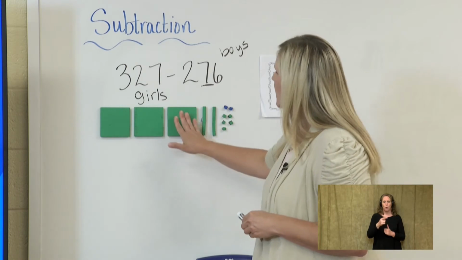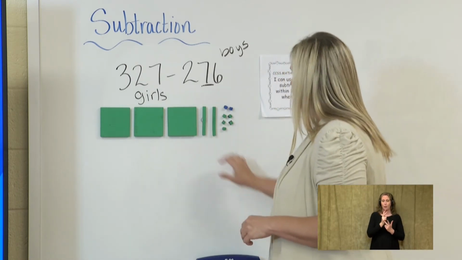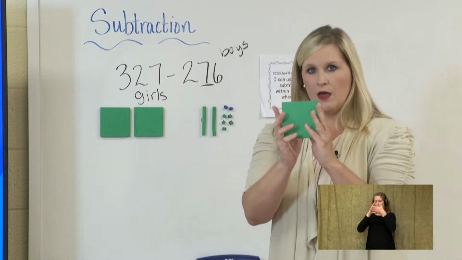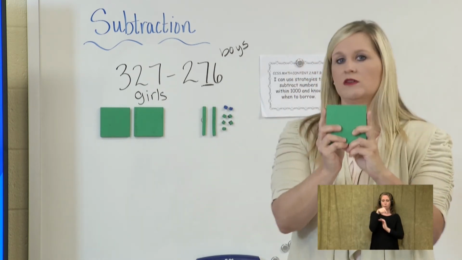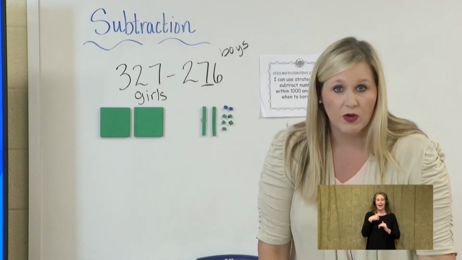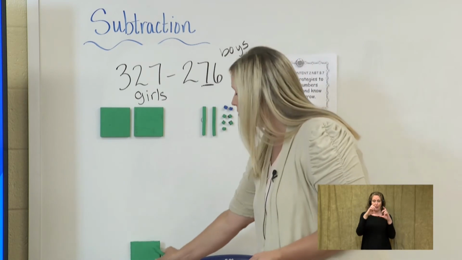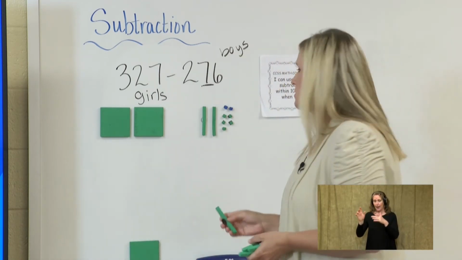We're going to have to take one of our hundreds and break it apart. So what would we want to take this 100 and break it apart into? How many tens are in 100? That's right, there are 10 sticks of 10 in 100. So we're going to take this 100 out and we're going to break it up into tens.